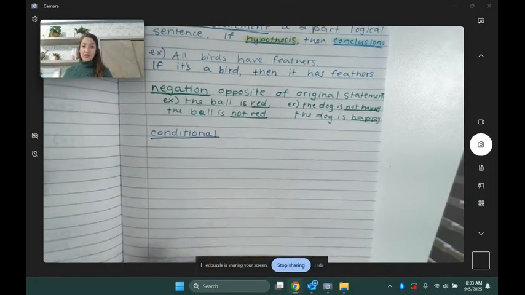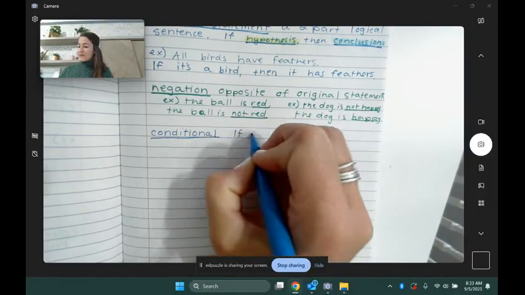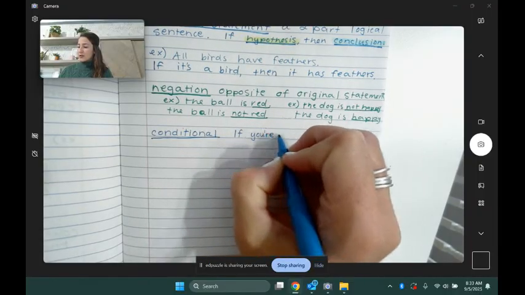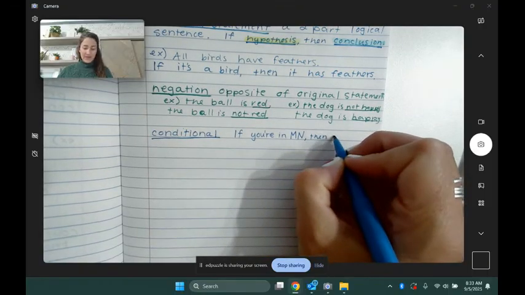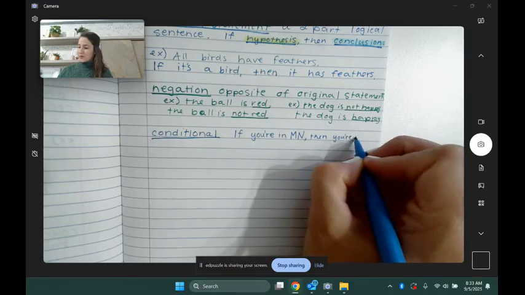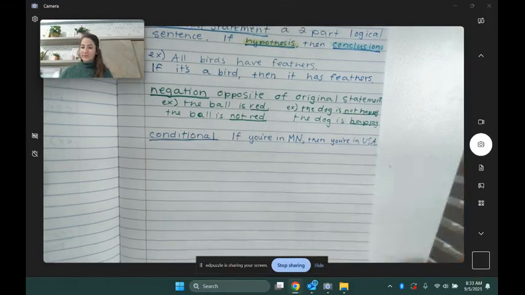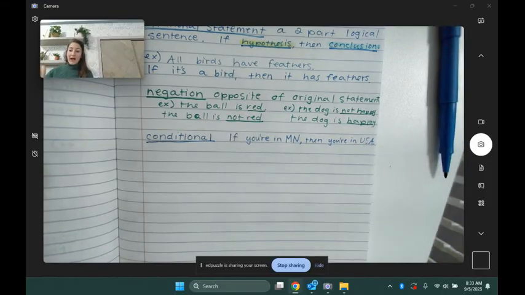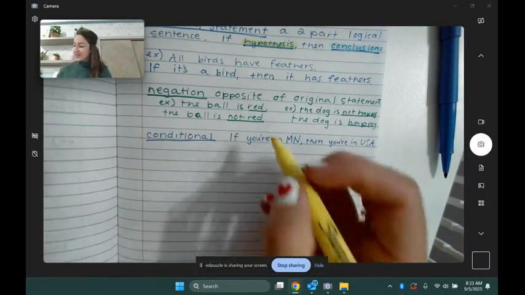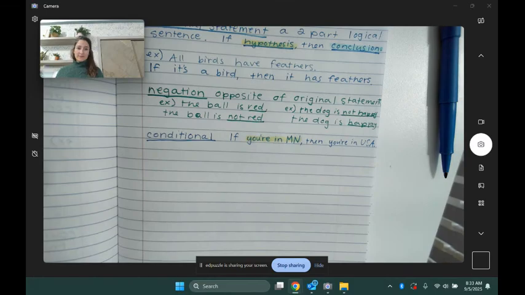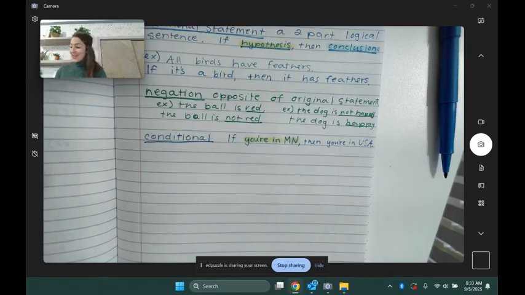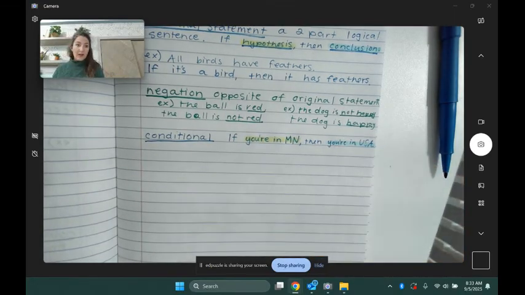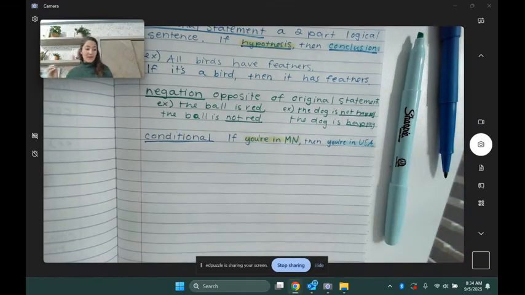So a conditional statement could be like this: if you're in Minnesota, then you're in the USA. Okay, so your hypothesis in this case is you're in Minnesota. That's the first bit. So if you're in Minnesota, then you have to be in America because Minnesota is part of America. So if you're in Minnesota, then you are in the USA.